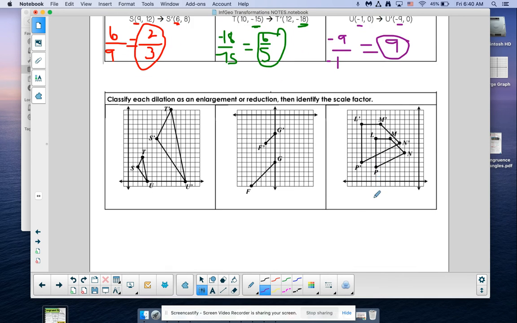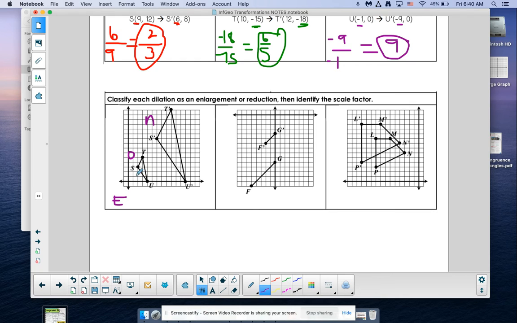Okay, one last one. Decide if it's an enlargement or reduction, and then identify the scale factor. Clearly, we're getting bigger, right? This is our old, here's our new, and it got bigger, so we'd say enlargement.